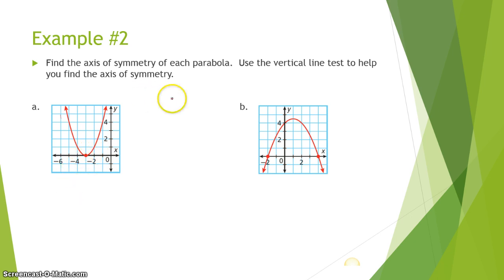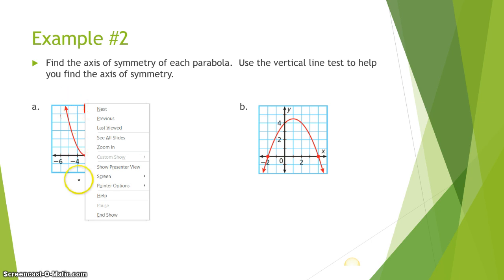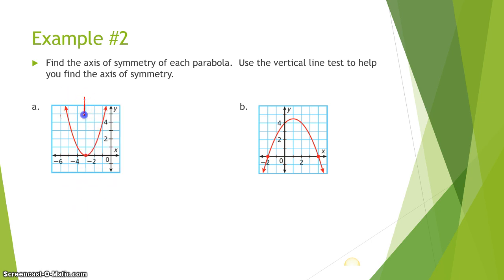So to find the axis of symmetry, notice my minimum value falls right at the axis of symmetry. If I draw a vertical line, the vertical line test is something you can think about. At what point does my axis of symmetry fall here? Well, it's at the value -3, 0, my minimum point as well.